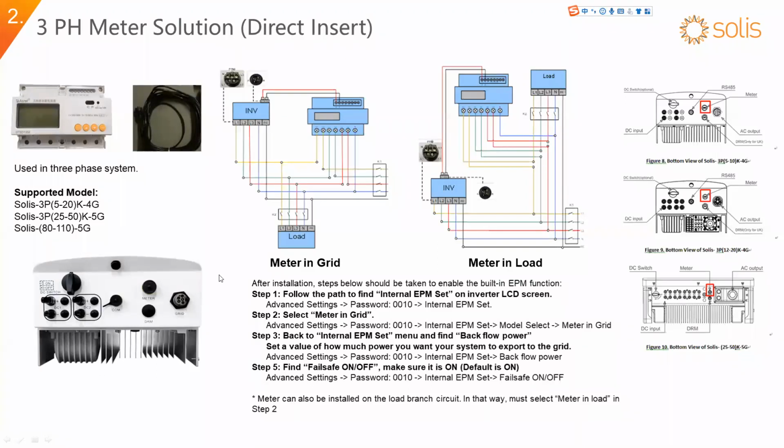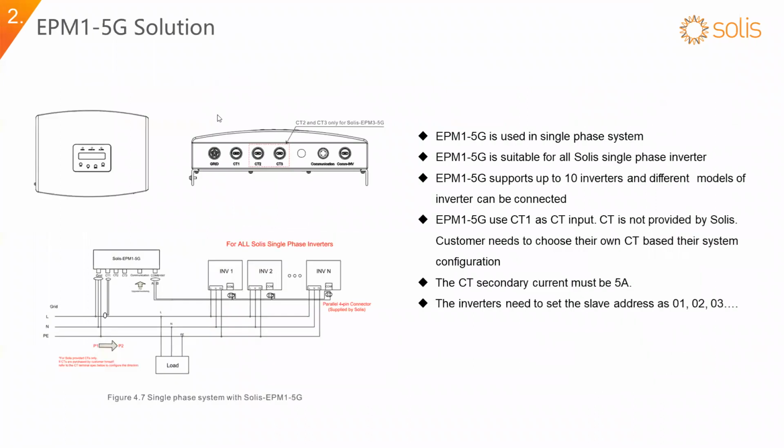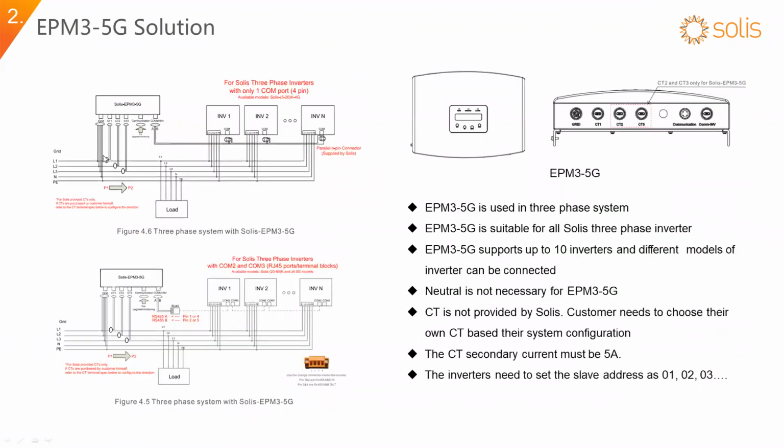For the EPM, it is very easy. We supply the CT connector, so you plug the CT cable into the connector, and then into the CT port of the EPM. That is what you do for the CT connection. It's very easy.